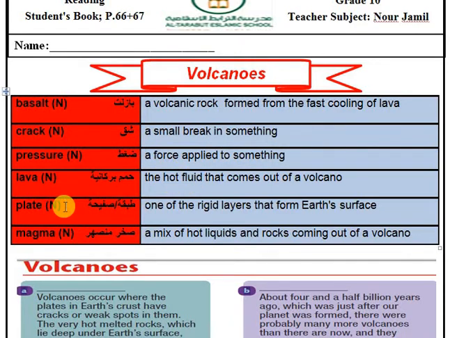Plate, طبقة أو صفيحة, one of the rigid layers that form the Earth's surface. The last word is magma, صخر منصهر, a mix of hot liquids and rocks coming out of a volcano. ممكن من الكلمات اللي جديدة عليك هي rigid layers, طبقات جامدة. Okay.